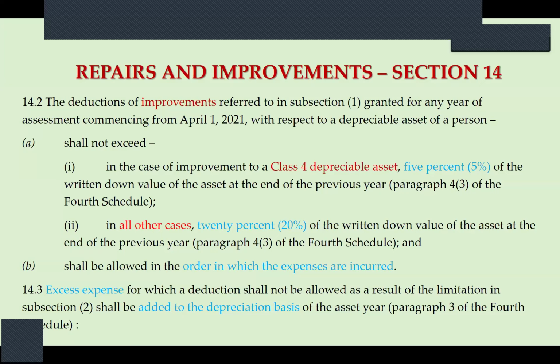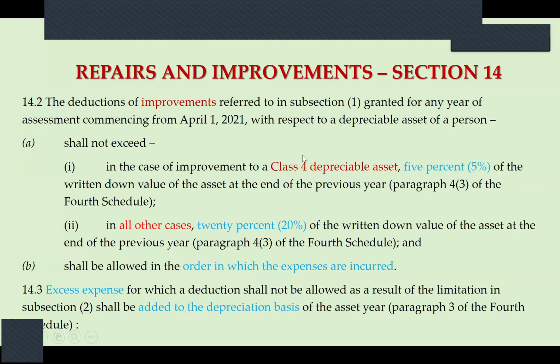So when we are restricting improvement expenditure, we have to consider to what kind of asset we have made that improvement. We have classified assets into 6 classes.